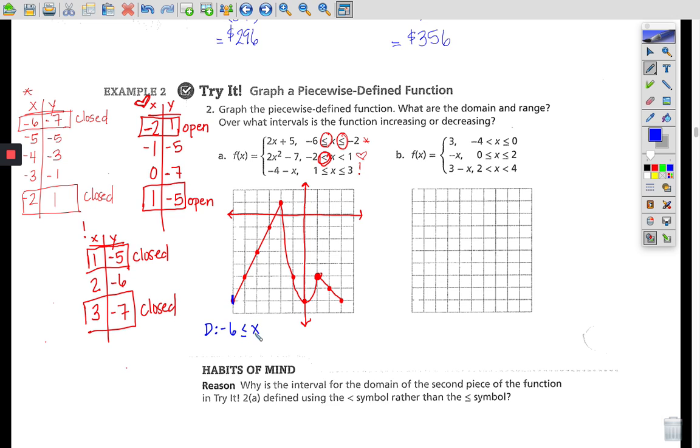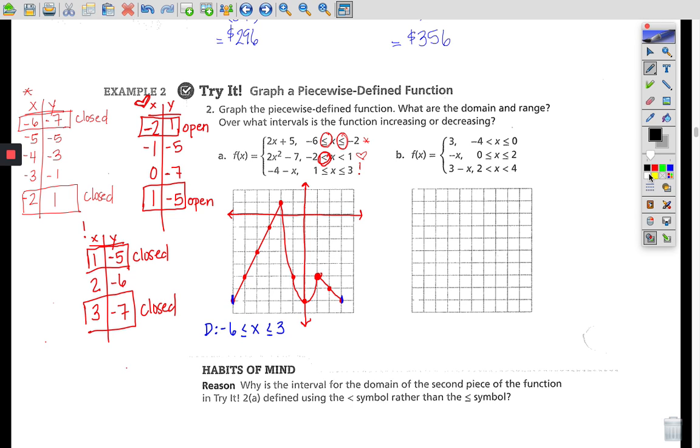X. Alright, let's see if I have any breaks. If I follow this graph along, there are no breaks. There are no open circles, and there are no breaks anywhere. We have a point at negative 6, negative 5, negative 4, negative 3, negative 2, negative 1, 0, 1, 2, and 3. We don't stop until we get to 3. And at 3 we have a closed circle, so I'm going to say is less than or equal to 3. Smallest x value to the largest x value.